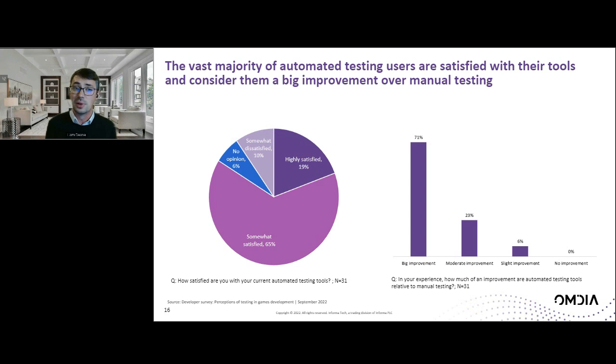The vast majority are satisfied. More than 80% consider themselves highly or somewhat satisfied with their automation testing tools. More than 70% say that it's a big improvement on the manual testing they were doing before. Everyone agrees essentially that it is at least an improvement of some amount.